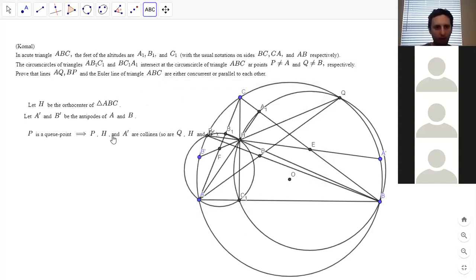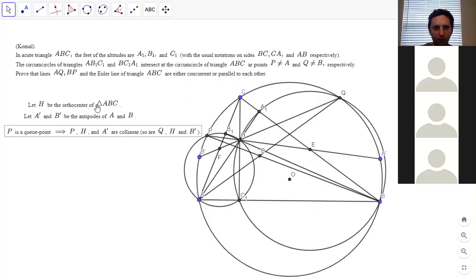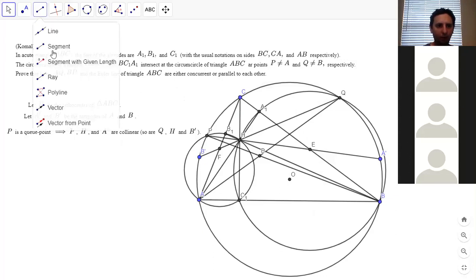And so then we use Pascal's theorem, and that pretty much solves it.